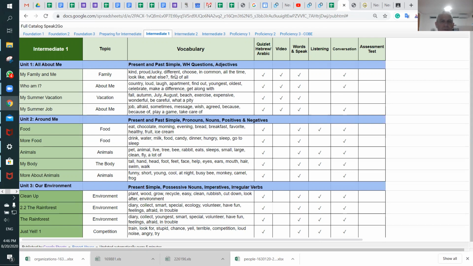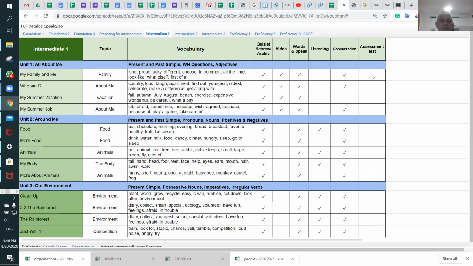You can see the vocabulary, and here you have the list of exercises that will appear and are implemented in the lesson itself. In this case, there is a Quizlet in Hebrew and also Arabic. It's always there. There is a video, there is a word, speaking sentence, and conversation. In this case, we are missing the listening and we are missing the assessment test.